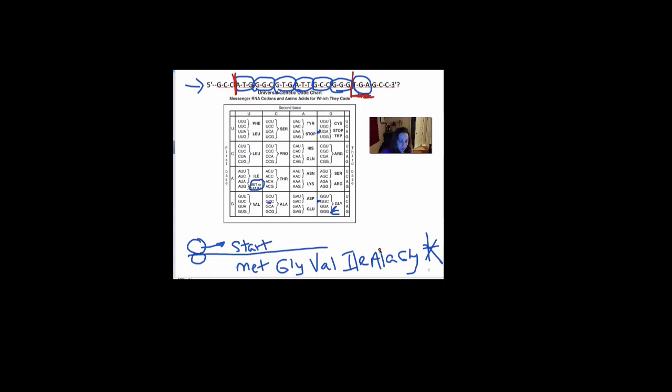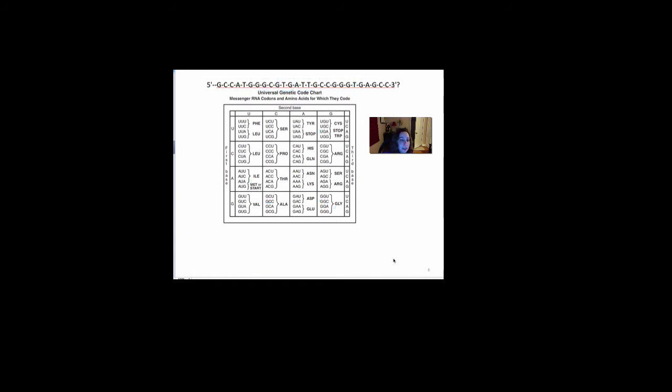So let's go back up to the answers. We have now our answers, and some of you got tricked with the alanine first, that GCC, and that was not the right answer because you had to wait for the methionine at the ATG. So for those of you that were following the rules, you should have immediately been able to cross out this one and cross this one out because they didn't start with a methionine, and a methionine is a start codon.